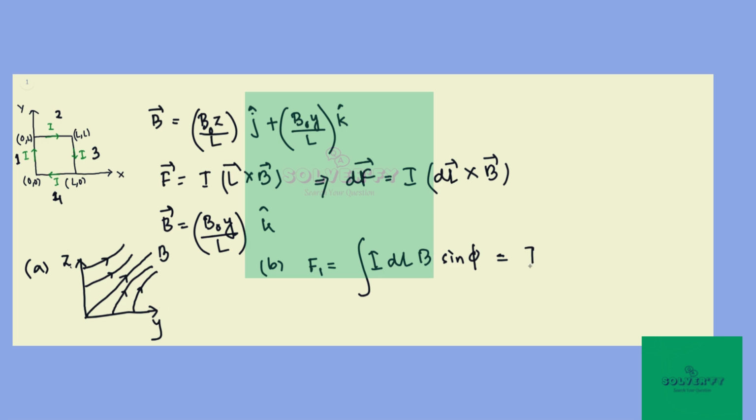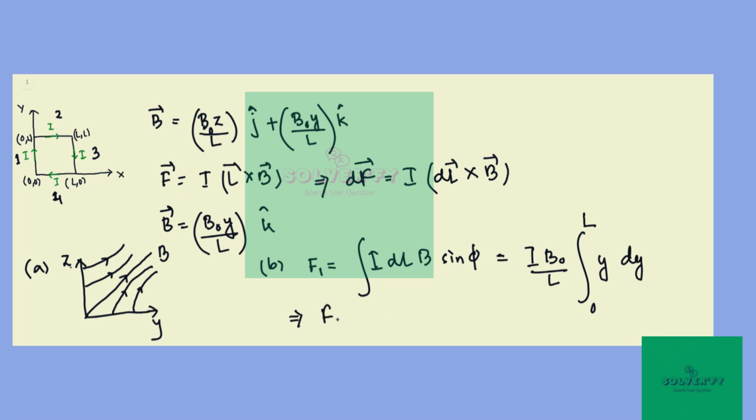So I is a constant, so it comes out, and B naught is a constant, L is also a constant, so they come out as well. And we have y, and dl is basically the change in length along this direction. So dl is going to be equal to dy because this segment is along the y-axis, and the integration goes from 0 to L. And by the right hand rule, let's do that later.